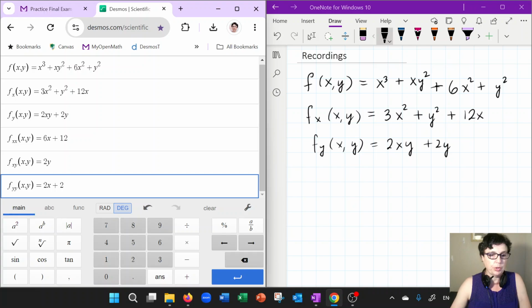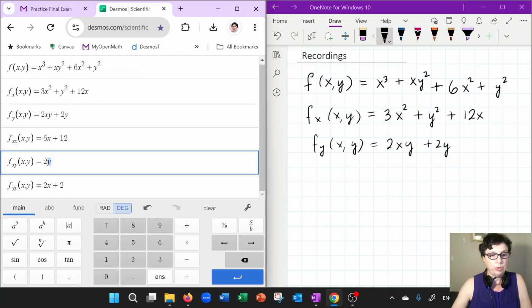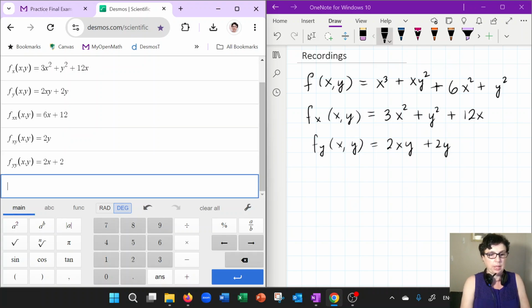Now, notice also that if I were to take the derivative of this with respect to x, I would actually get 2y, which should coincide with what I got for fxy, so that means it's good. All right, now there's one other thing that I would need to enter, and that is the D. Okay, so D is that determinant that's going to determine basically whether it's going to be a max or min or a saddle point.